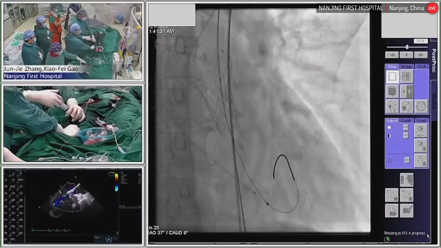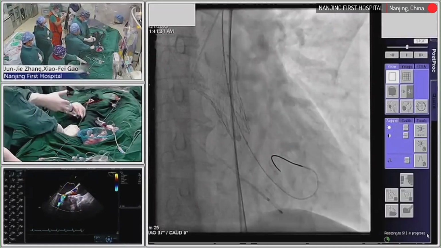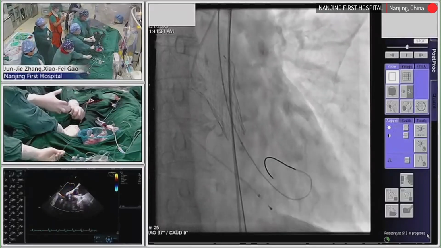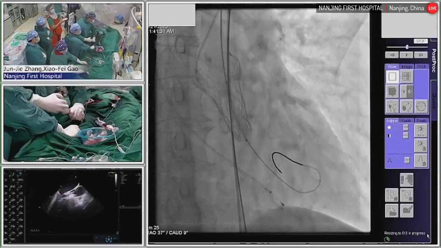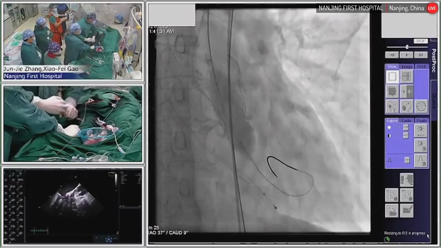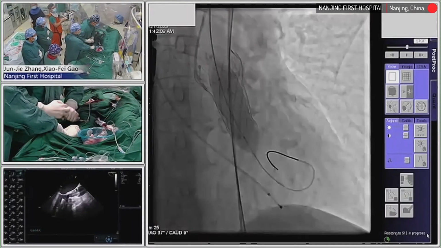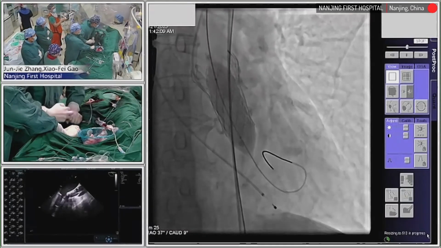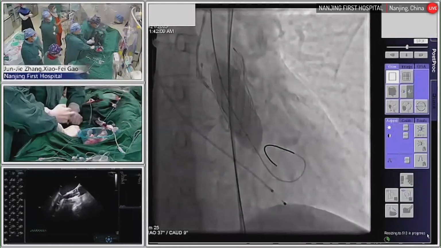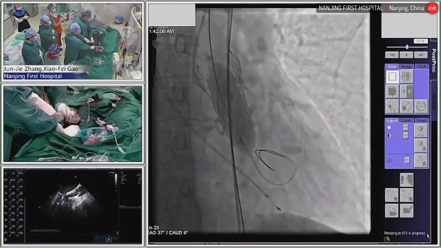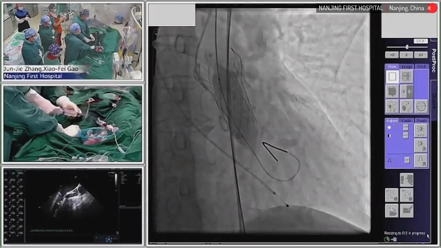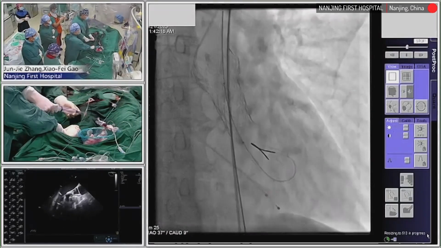Okay, 118. And no PVR, and it is very good result for this patient. Okay. It seems better.